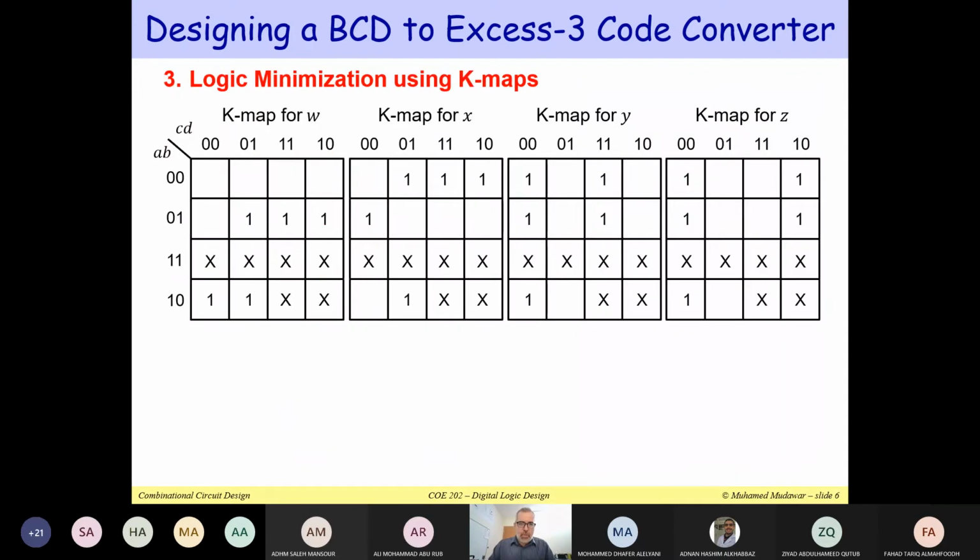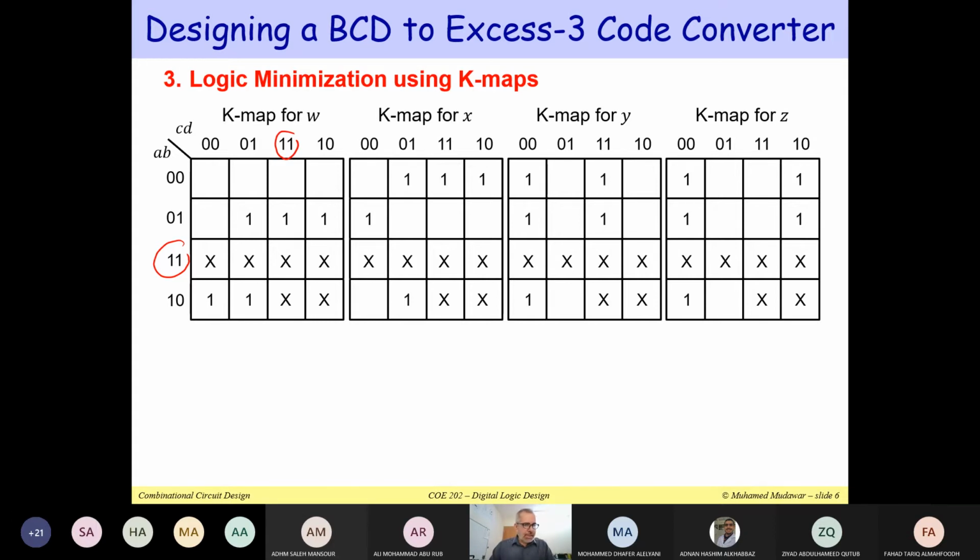And draw the Carnot map for W. Repeat the same thing for X, for Y, and for Z. Make sure to enter the ones in the correct squares. You don't really want to make a mistake. Notice that column 1, 1 appears before column 1, 0. And also the row 1, 1 appears before row 1, 0. This is something which is very important for Carnot maps.